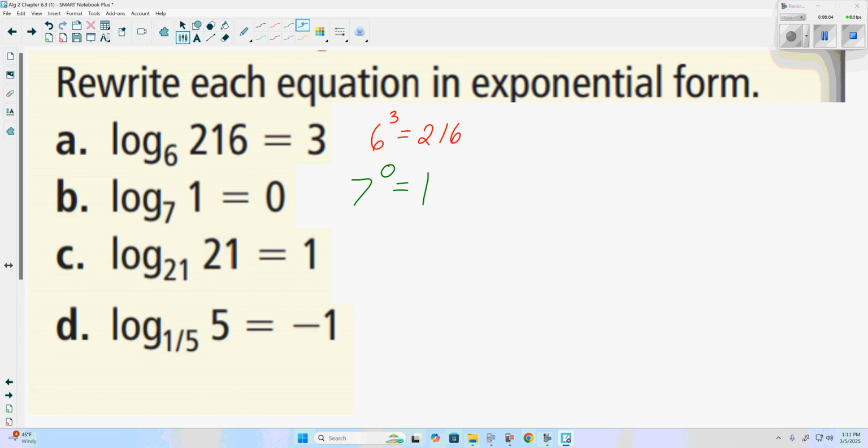Log base 21 of 21 equals 1. 21 to the first power is equal to 21. Log base 1/5 of 5 equals -1. 1/5 to the -1 is equal to 5. Questions on these here?